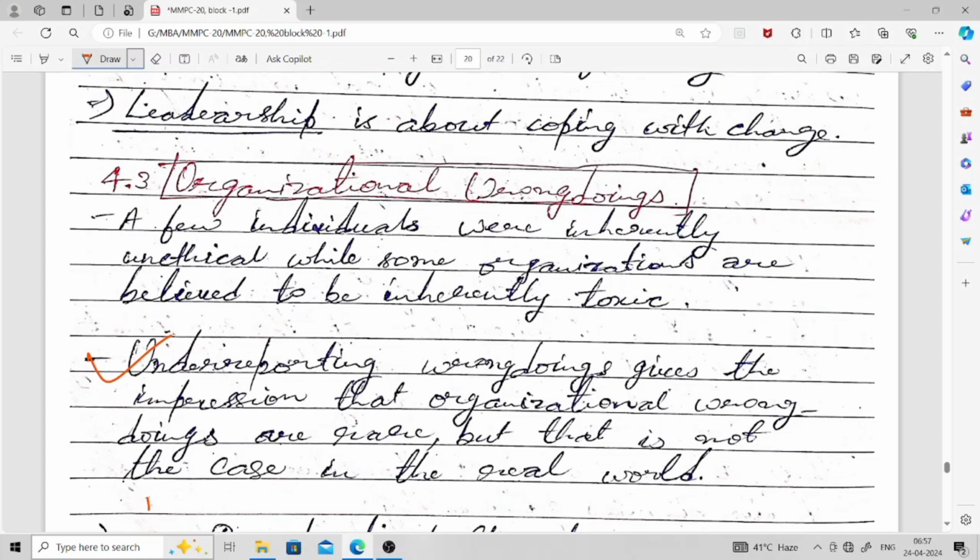Simply, it is perceived that organizations are not doing that much wrong because those wrongdoings are not accounted for, or those wrongdoings are ignored.